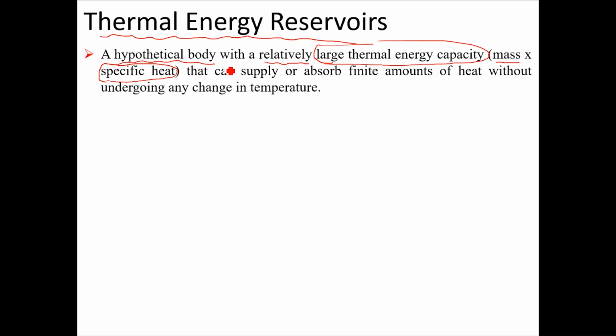So either of the two, or both. So a hypothetical body with relatively large thermal energy capacity is a thermal energy reservoir. This reservoir can supply or absorb finite amounts of heat without undergoing any change in temperature.